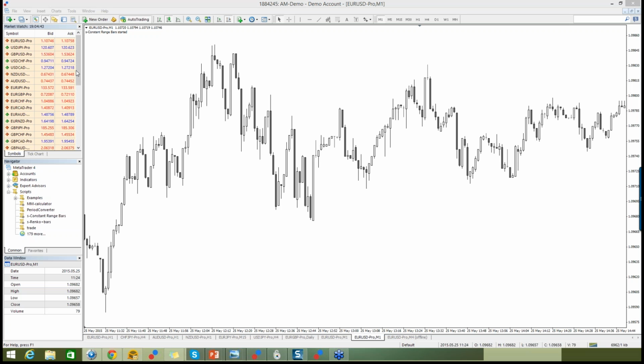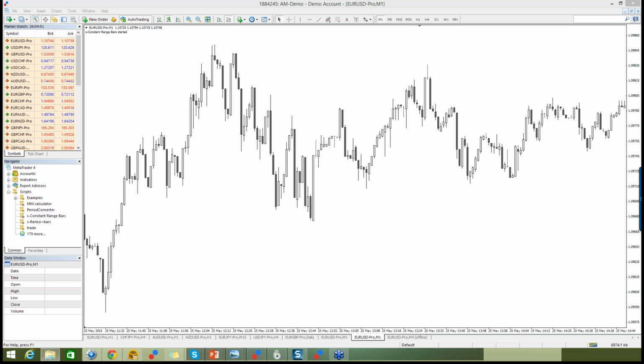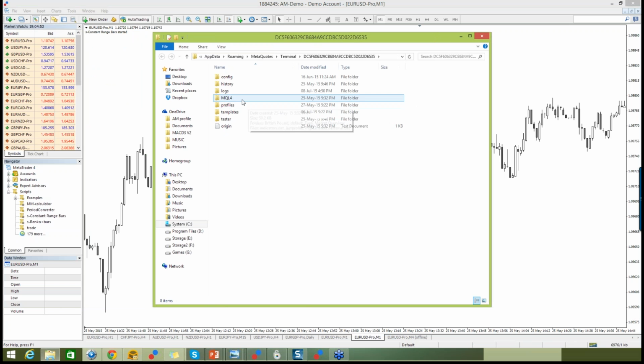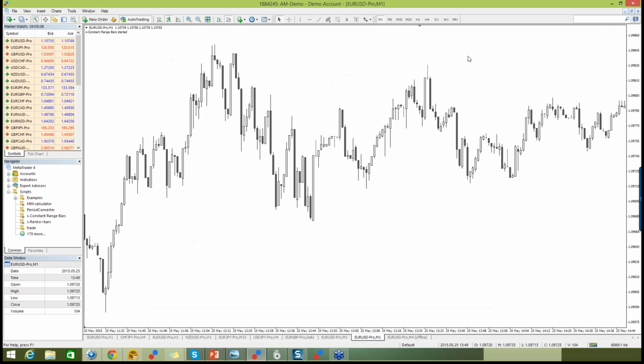Just pay attention now. You have your constant range bars script. Go to File, then open data folder. Then you will see this window. Then you go to MQL scripts, and then right click and paste. If you do that, this range bars script will be applied to your scripts folder. Close this window, close your MT4 and restart it, okay?